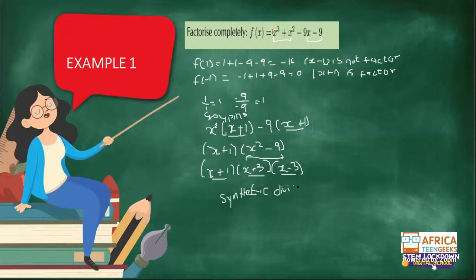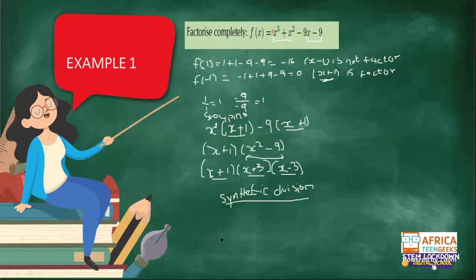I think it's even easier than long division, but they're almost the same. Okay, so with synthetic division, you need to identify your factor. So you need to identify your factor first.